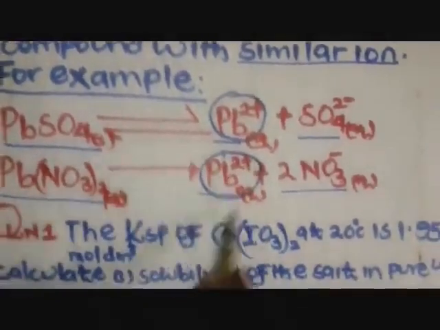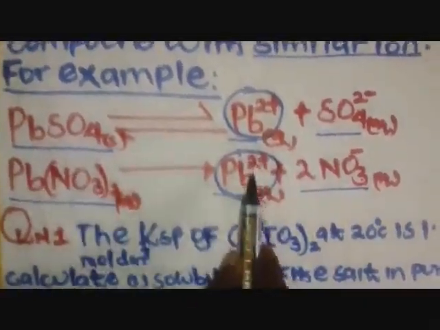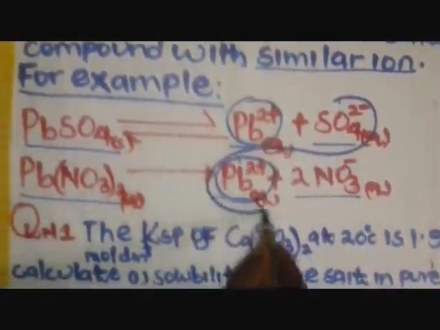The excess lead 2 ions now, because we have lead 2 ions from the sparingly soluble salt and the soluble salt. To balance the equilibrium constant, as you know from Le Chatelier's principle, you discover that the sulfate ions in the solution will combine with the excess lead 2 ions to form lead 2 sulfate.